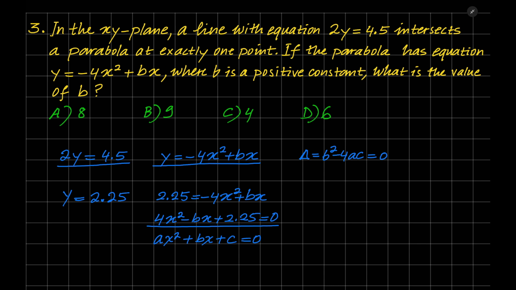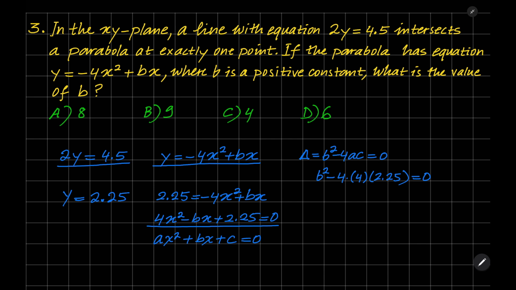Substituting 4 for a and 2.25 for c in the expression and setting this expression equal to 0 yields b squared minus 4 times 4 times 2.25 equal to 0.